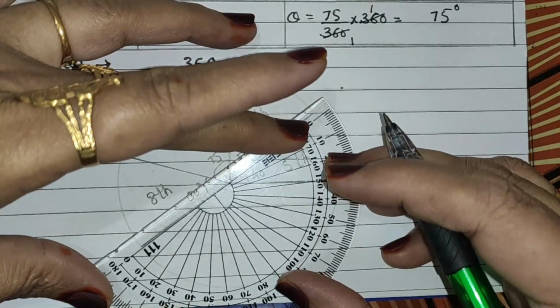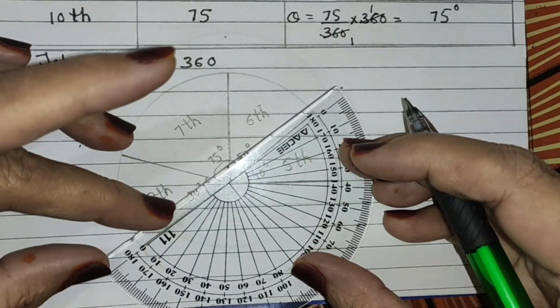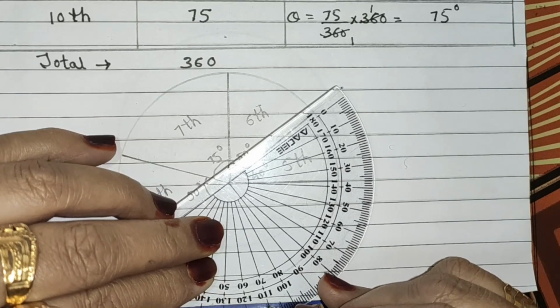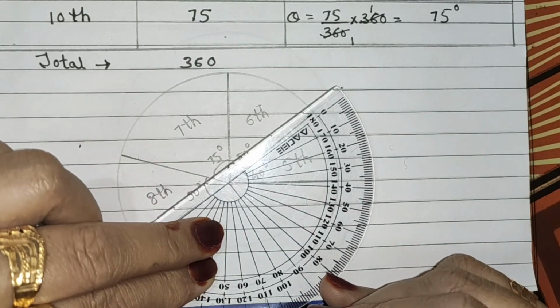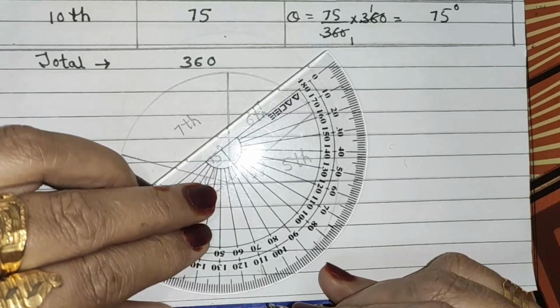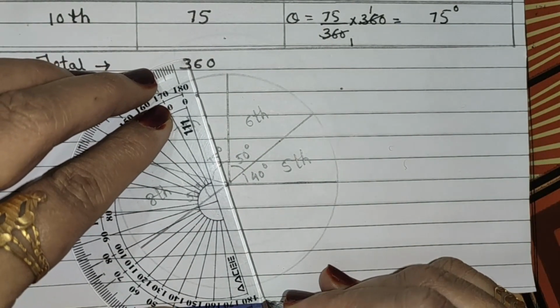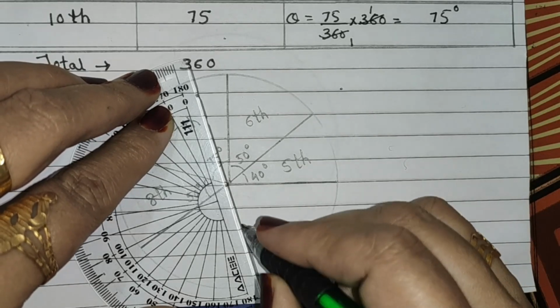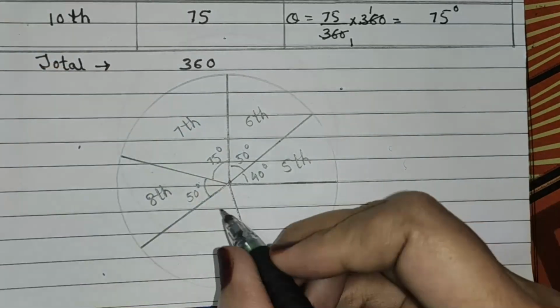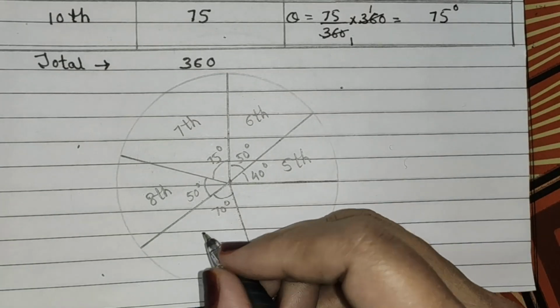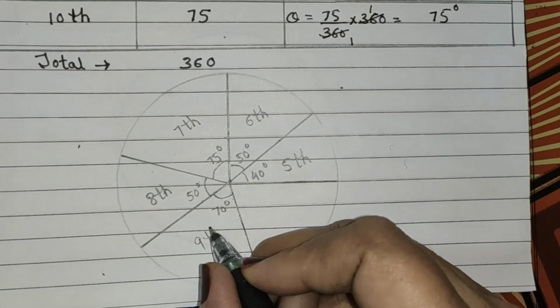Now again put the D and start from here 70. Now draw a radius. It is of 70 degree of 9th standard.